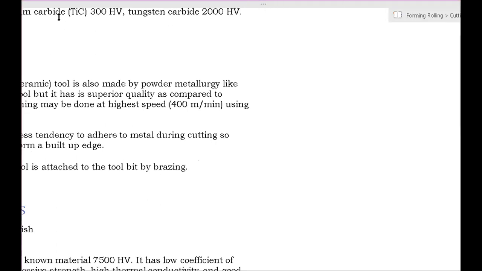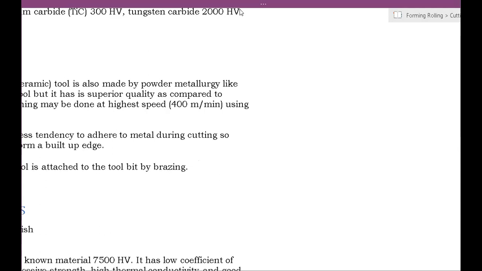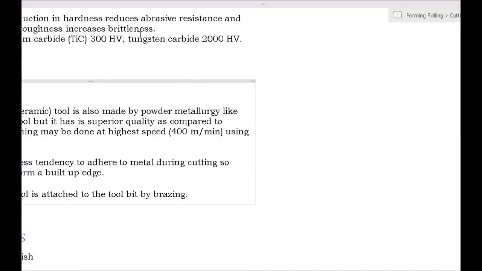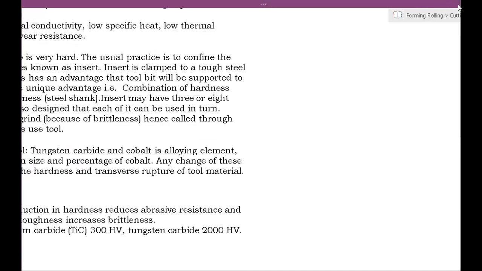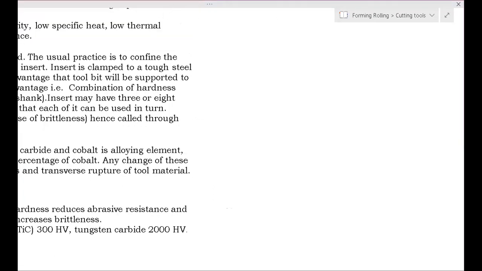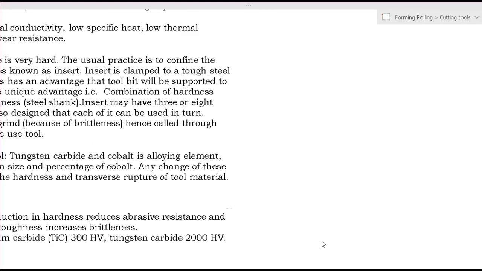I think there is an issue with OneNote now. Where is Mohit? Hey, Mohit, tell me what the issue is here. I'm new to this OneNote. Alt F4. Okay.